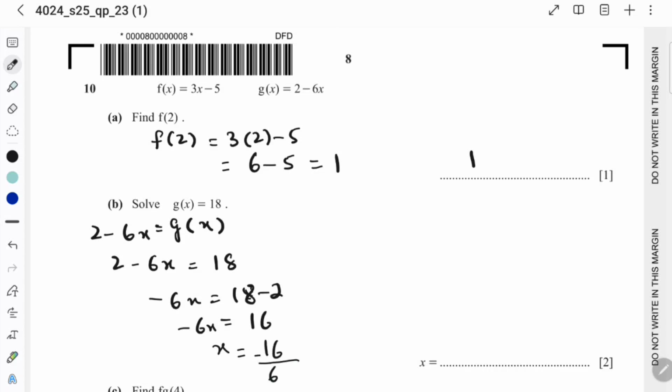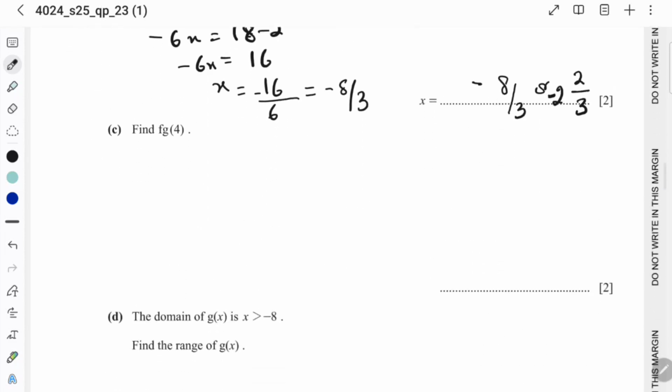We can simplify that as minus 8 over 3, using the 2 times table.